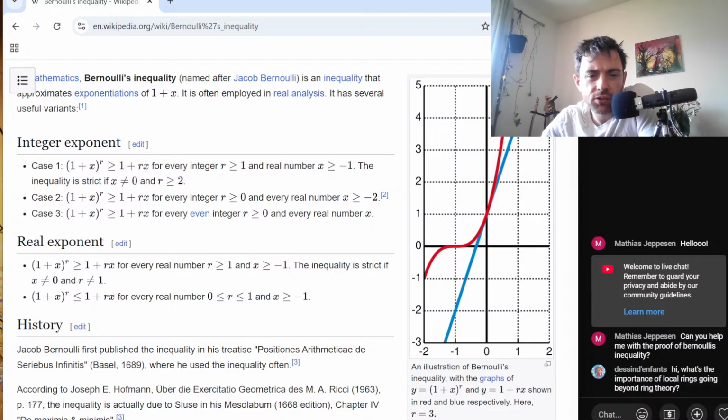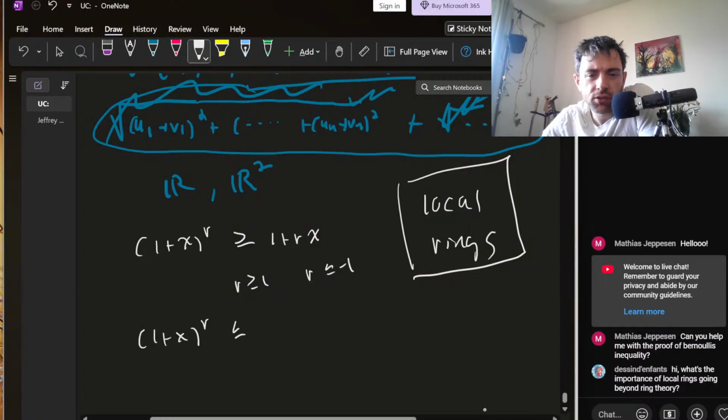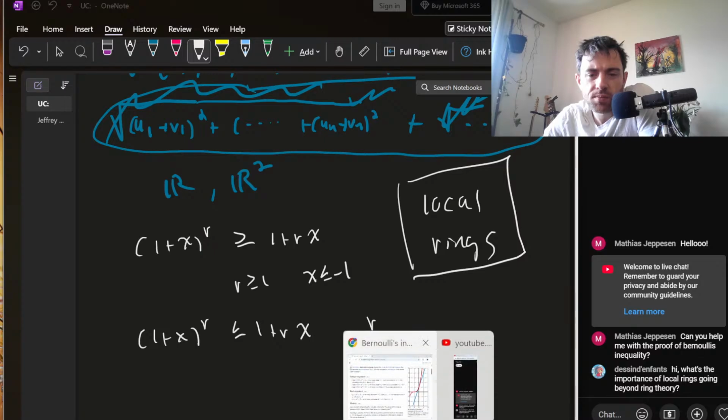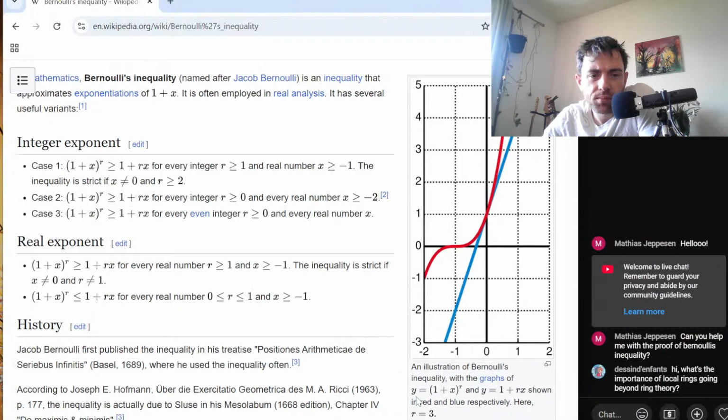Oh, and r is bigger than 1, x is less than -1. Zero and 1.